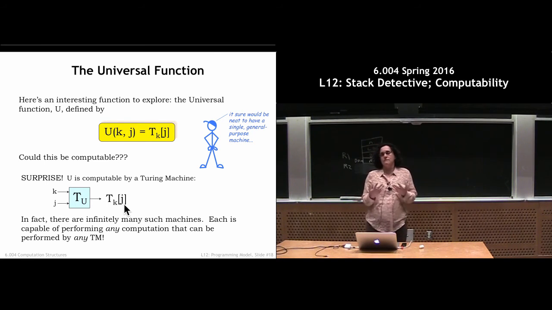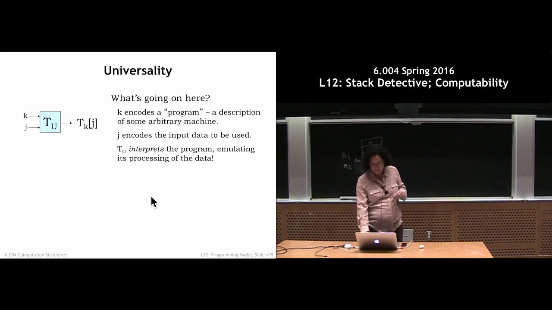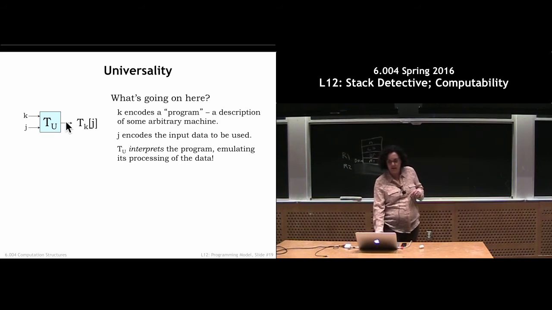And the criteria for determining whether or not something is universal is actually quite simple. All you really have to do is be able to support some basic functionality like conditional branches and some ALU operations. So specifically, what's going on over here is that you can think of k as encoding a program.